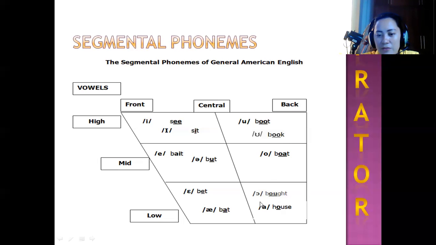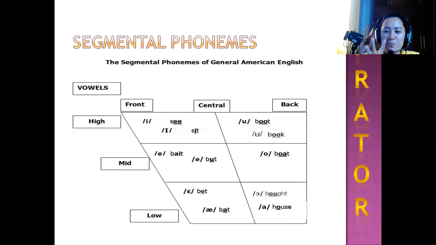We have this, which has no traditional name. I will call this half moon, in my own bias. So this one is the short O. You might be confused why this seems to be A, but this is called the short O because this symbol is used in transcribing words like top, mop.